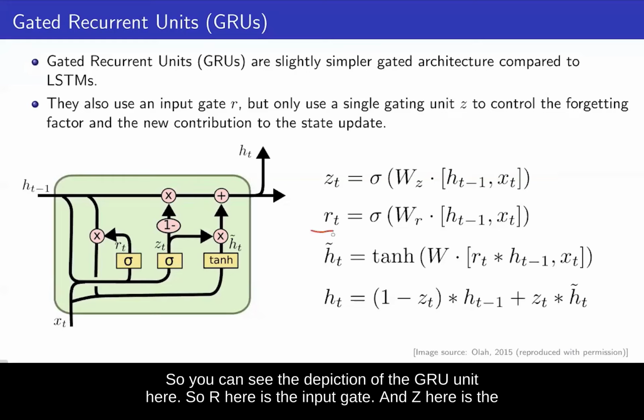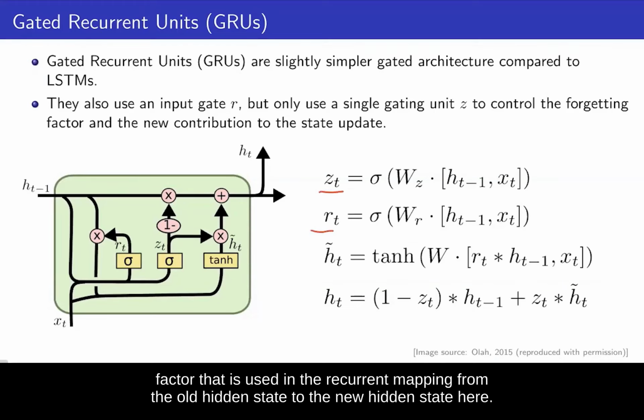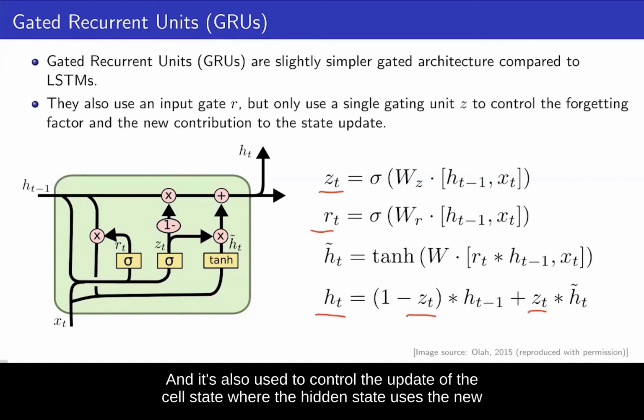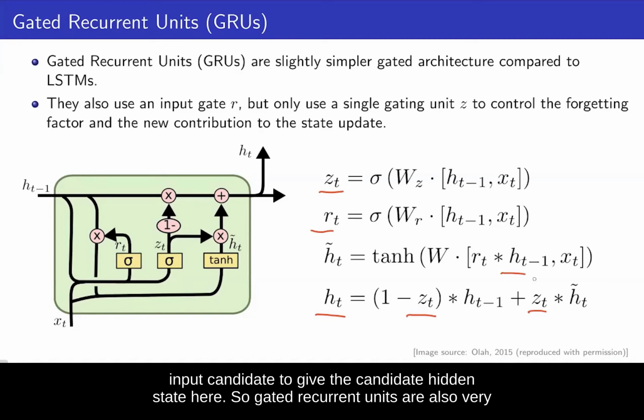So R here is the input gate and Z here is the factor that is used in the recurrent mapping from the old hidden state to the new hidden state here. And it's also used to control the update of the cell state where the hidden state uses the new input candidate to give the candidate hidden state here.